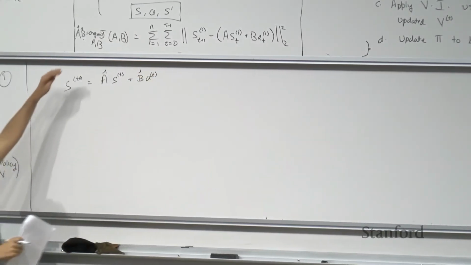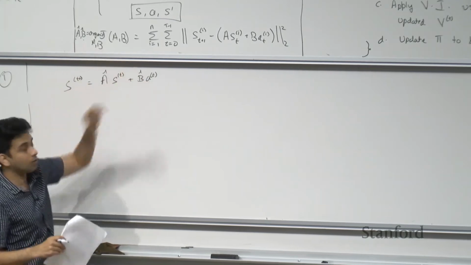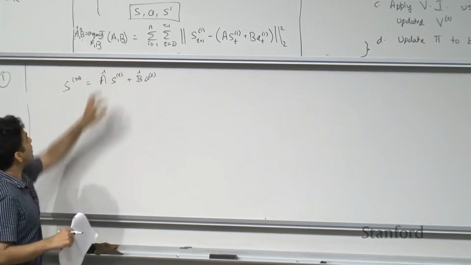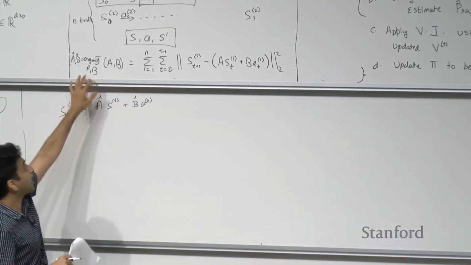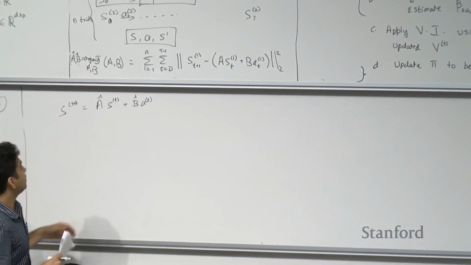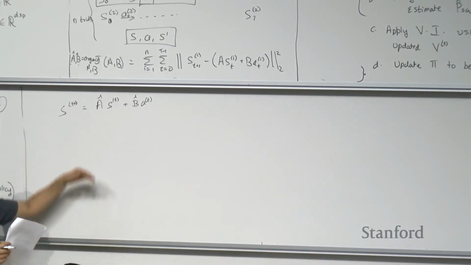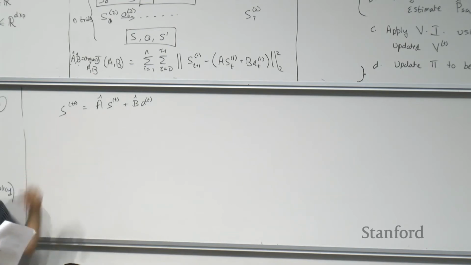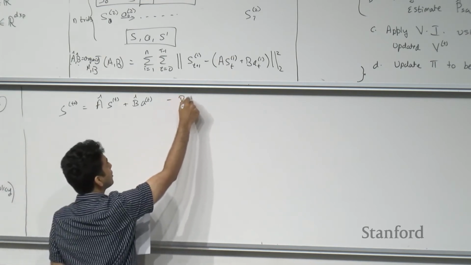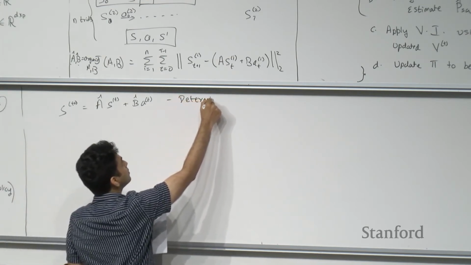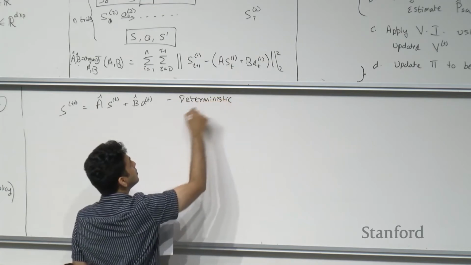Once we minimize A hat and B hat according to this cost function, we will recover some A hat and B hat, and the prediction that we are going to make for the next state is according to this. But in general, if we just limit ourselves to this, we would call this a deterministic model.